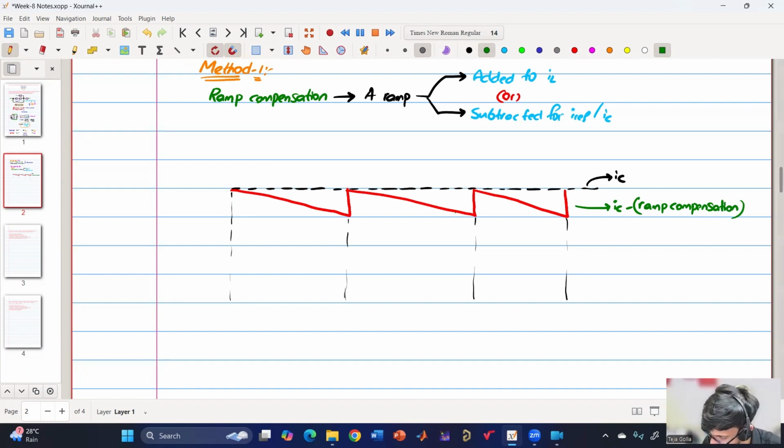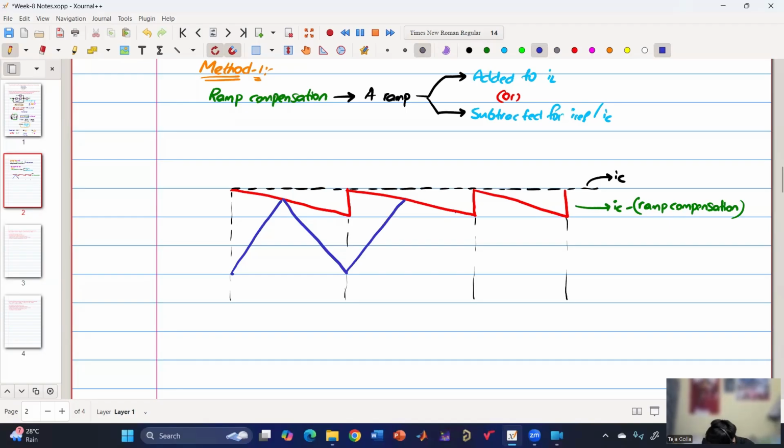Now we are going to compare it with the inductor current. Let's say the inductor starts from here, hits it, and then comes back. Similarly, it hits it and comes back, then hits it and comes back. This is how the steady state waveform looks.